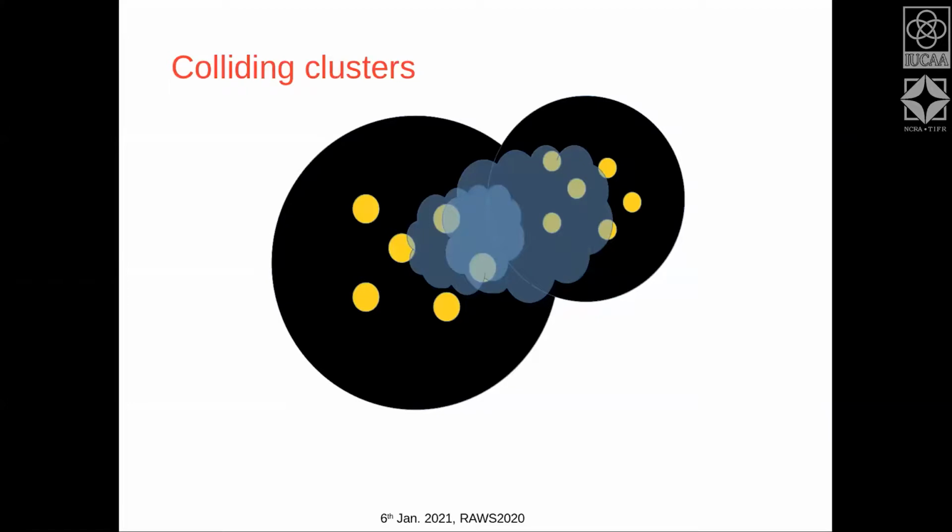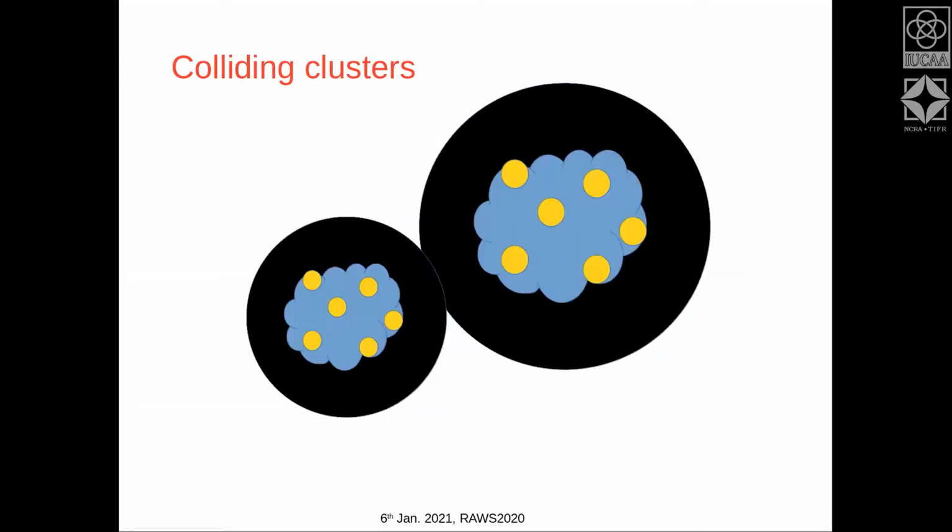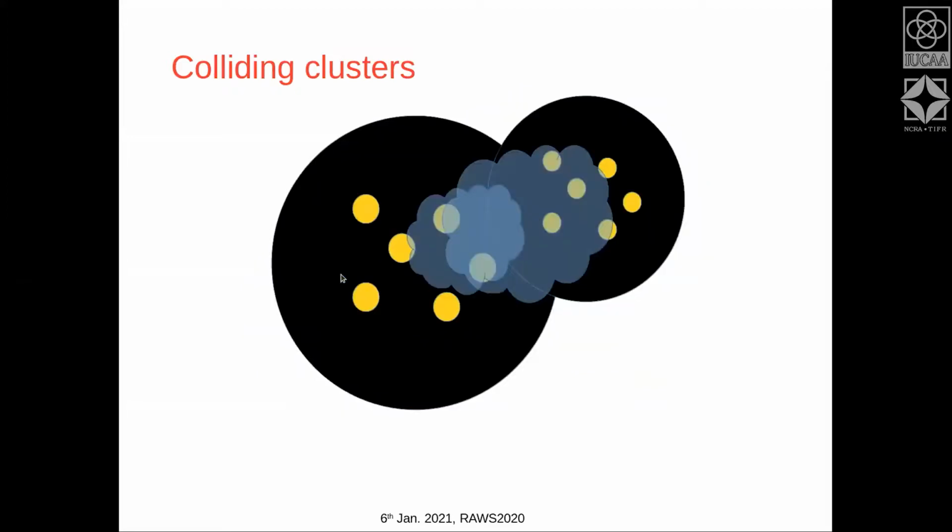The dark matter basically just passes through each other. There is a huge cluster on the top, and here there is a smaller subcluster. If they merge in this direction, they will pass each other, and then according to the gravitational pull, they will come back and cross each other again, and then merge eventually.